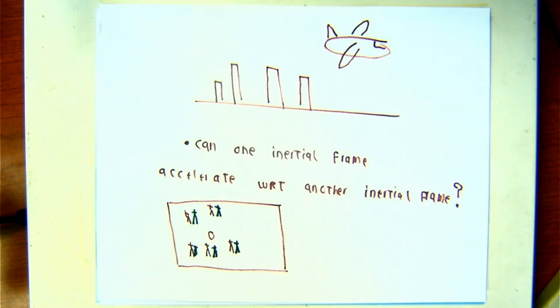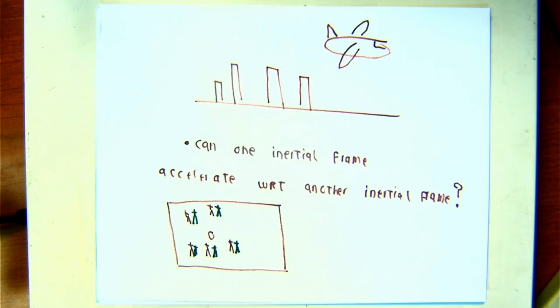But then imagine another inertial frame, another group of individuals which obey all of our restrictions. If it were possible for the green inertial frame to accelerate relative to the brown one, then the green individuals would measure and report back that this baseball is accelerating, even though there's no force acting on it.